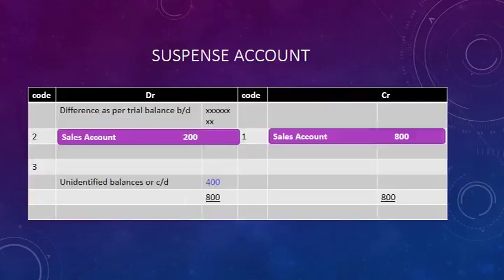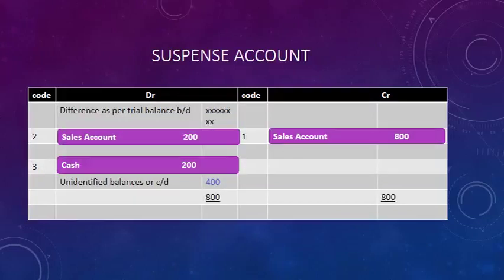So if it doesn't balance, what then do you do? If you have seen on the screen, you put the difference of the debit side and the credit side as unidentified balances. This means these are errors which are not yet resolved. But if it balances, then yippee, you did it.